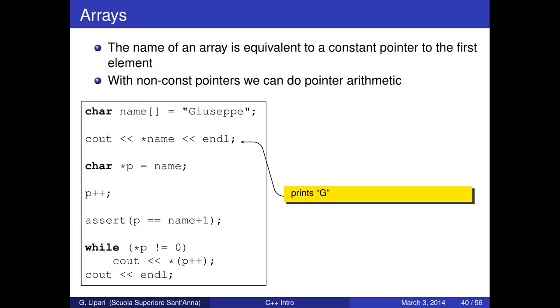And there is an equivalence between arrays and pointers, in the sense that the name of an array is equivalent to a constant pointer to the first element in the array.